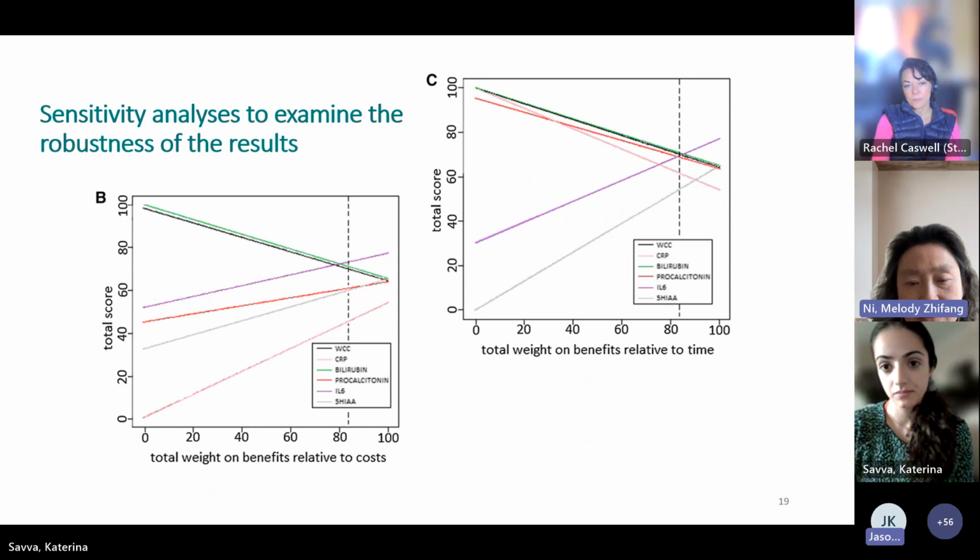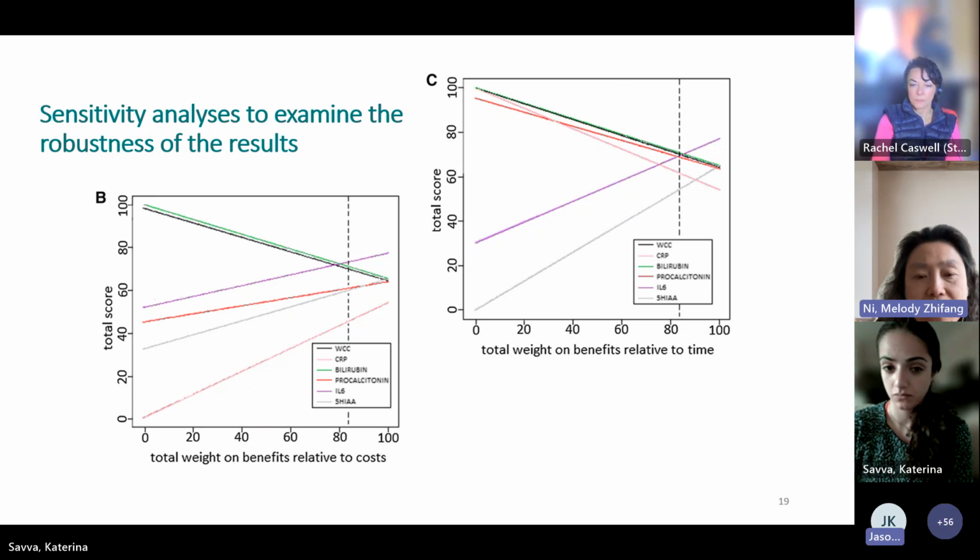And you can see that with a slight change in the dashed line, imagine that the line moves slightly to the left, it will result in a difference in which option is the best. Currently, I think the best option is interleukin-6, but by moving slightly to the left-hand side, reducing the importance of benefit relative to cost, the overall ranking of the benefit score will change.